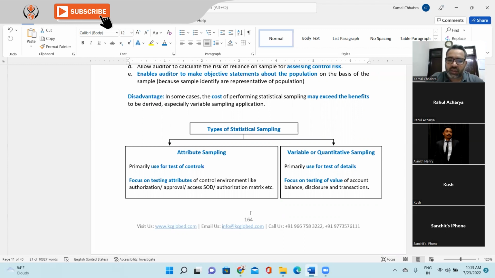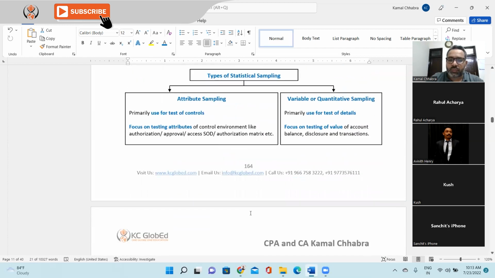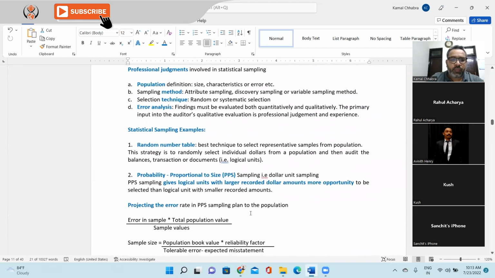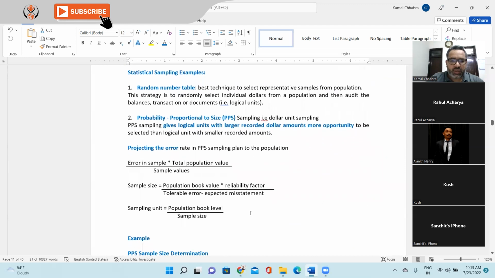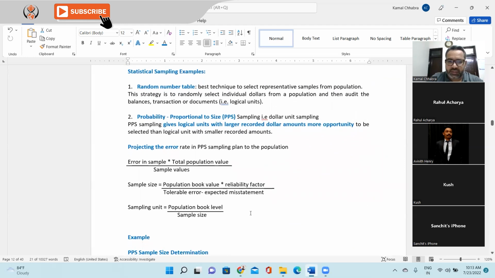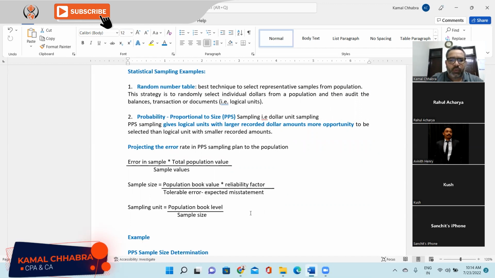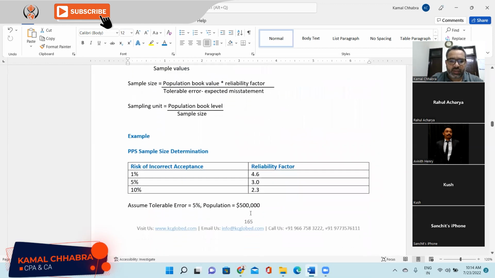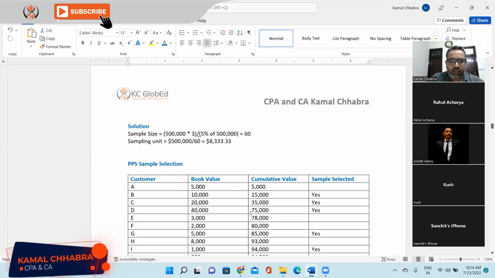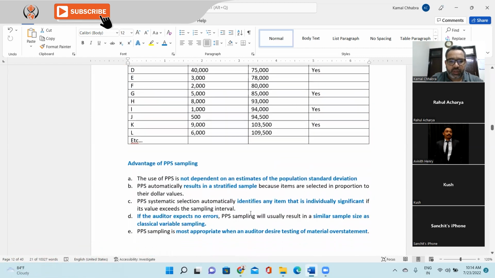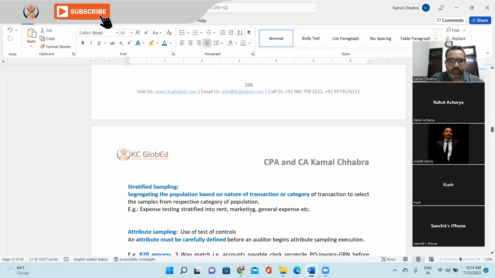When you need to test the controls or the attribute, you are using attribute sampling, right? Then we discussed certain examples of statistical sampling, which include random number table and probability proportionate to size. I think this is what we covered in our last class. We did this example as well, and PPS sampling.